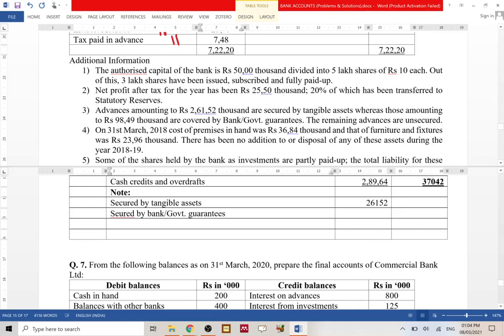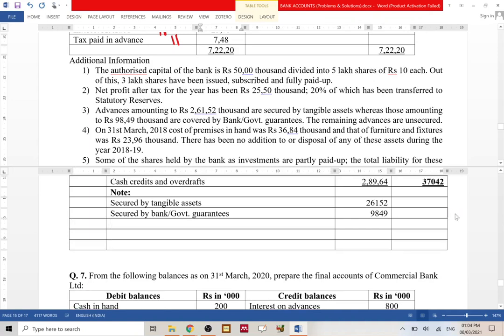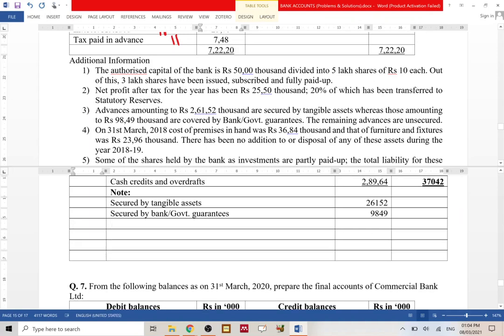That means some of the loans which they have given are secured by bank or government guarantees. So show that. How many? 9,849. All right, and they're saying the remaining advances are unsecured. So whatever balance of advances remains is unsecured.